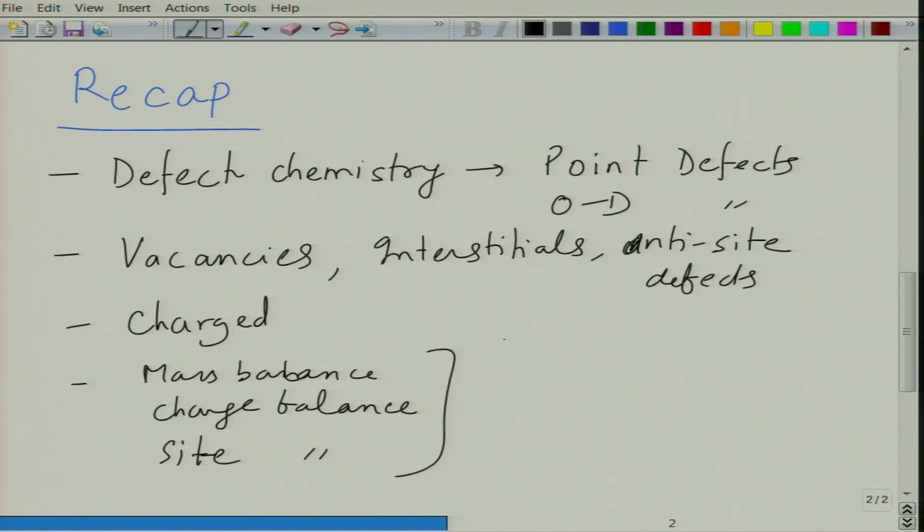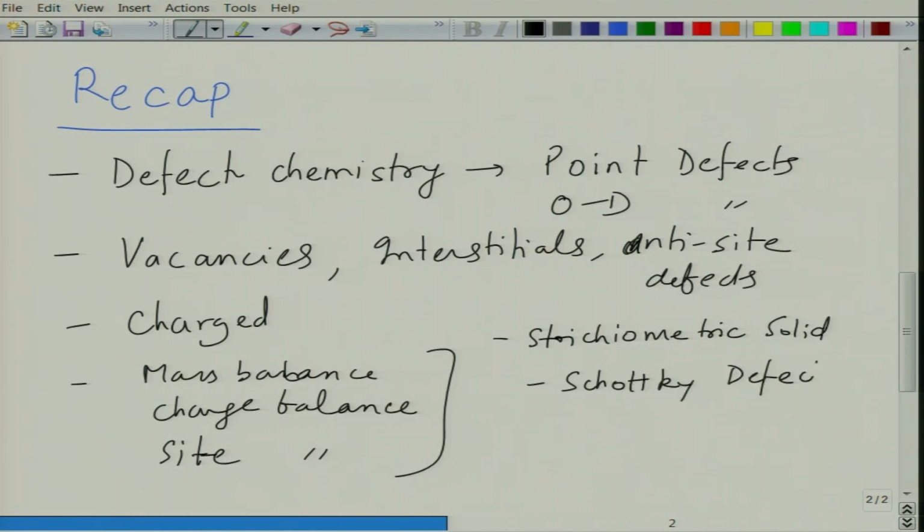And then we looked at the defects in stoichiometric solids. We started with the Schottky defect, which does not change the stoichiometry of the material. Which means for an oxide MO, you form one vacancy of oxygen and one vacancy of metal.